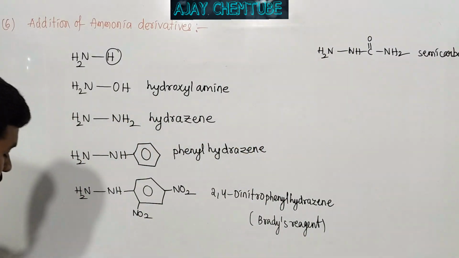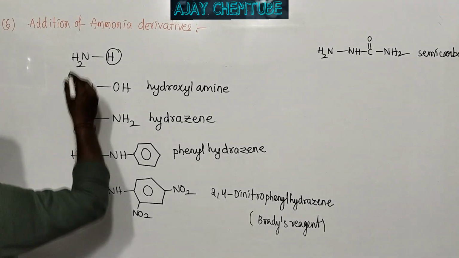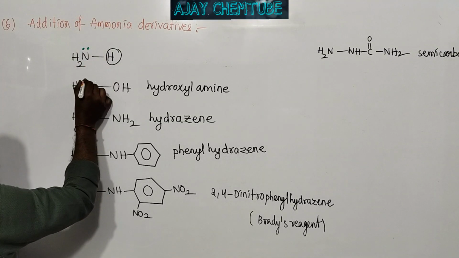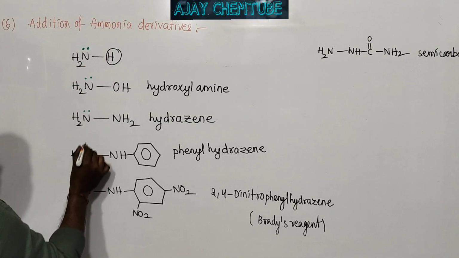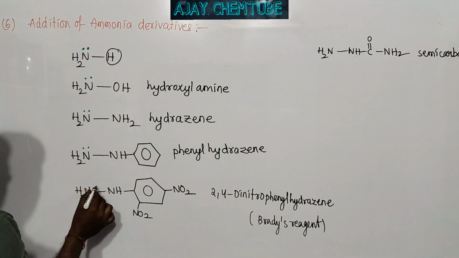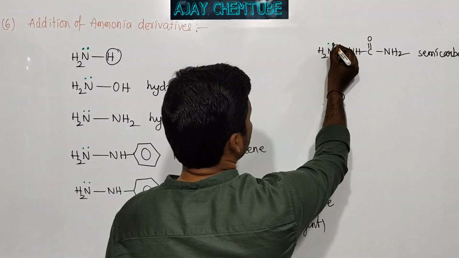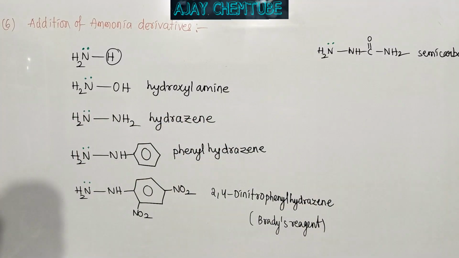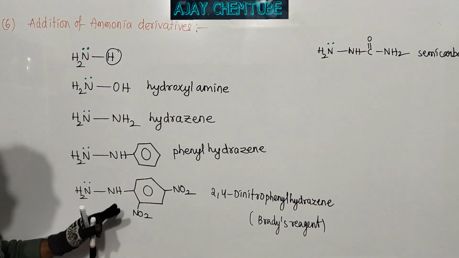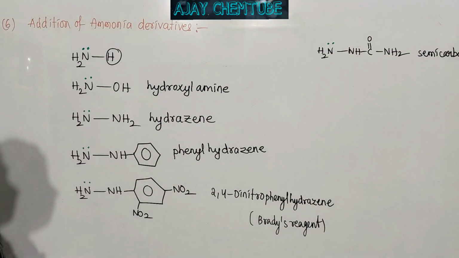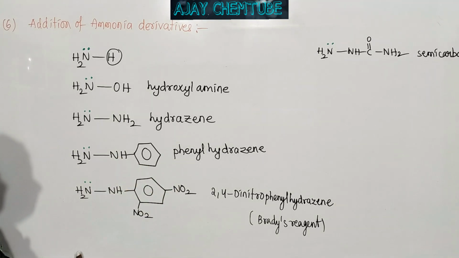So all these are what? Nucleophiles. How do they become nucleophiles? Here this nitrogen becomes the nucleophilic center. So all these are nucleophiles. Addition of these nucleophiles to carbonyl compound I am going to explain.